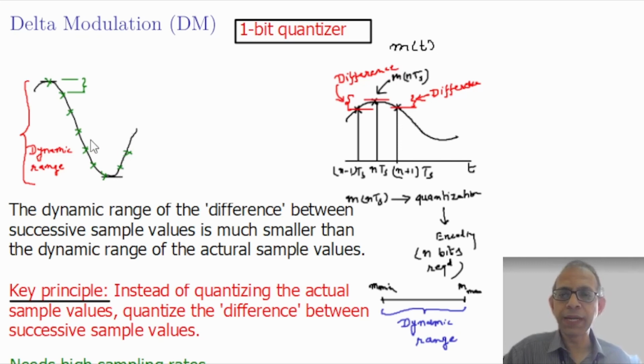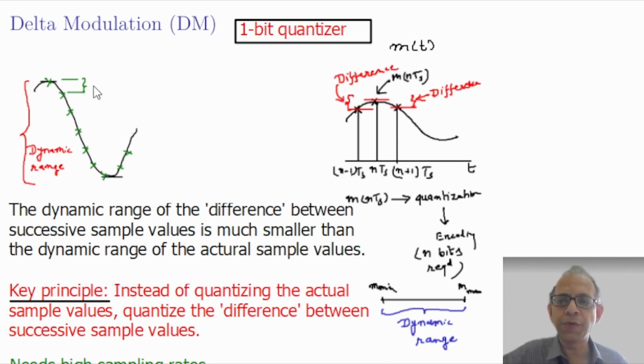Of course, to maintain the accuracy of representation within a given limit, we need to sample the signal at a much higher rate than the Nyquist rate so that the successive samples are close enough to have a very good correlation.